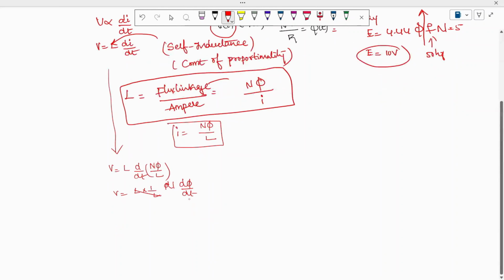L gets cancelled out, therefore V is equal to N d phi by dt. These formulas are very important.